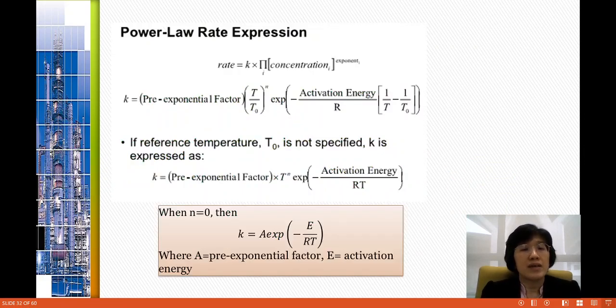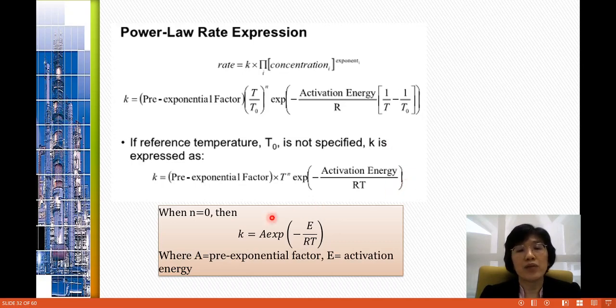For the rate constant, we can express it in terms of temperature using the Arrhenius equation, as in the second equation. But if T0 is specified, the second equation can be further reduced to the third equation here.